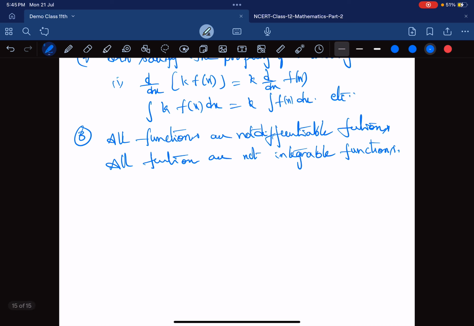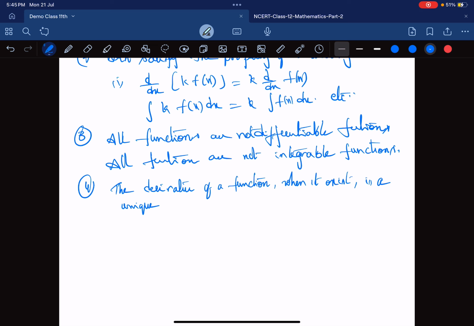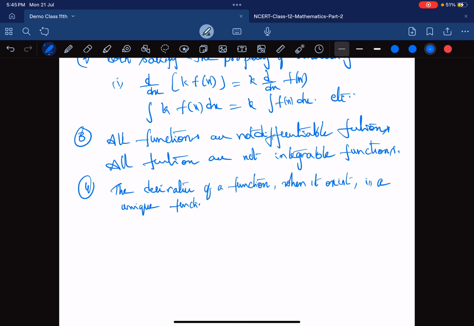The derivative of a function, when it exists, is unique. Fourth one is the derivative function. The derivative of a function, when it exists, is a unique, single function.